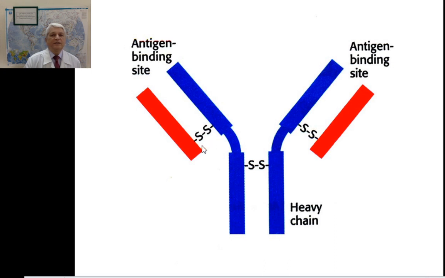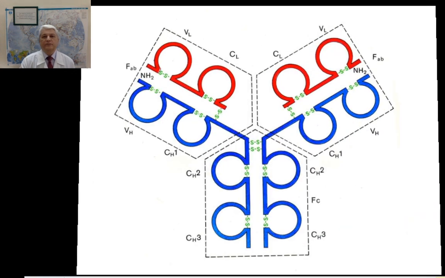This is the disulfide bond between light chain and heavy chain, light chain and heavy chain, and between two heavy chains. Other things are written: antigen binding site, and heavy chain. And this is not written, but this is understandable. This is the light chain. Let's go on.